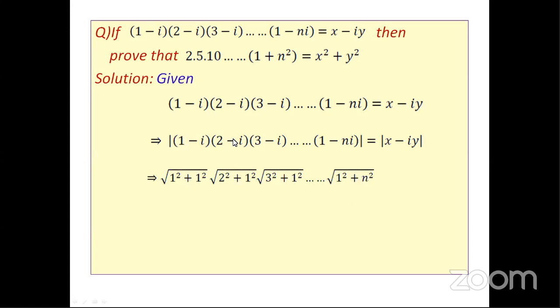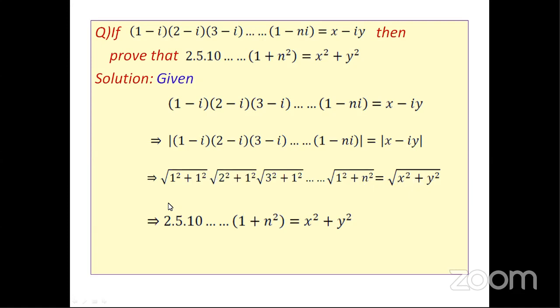That means modulus of each individual complex number is taken on your left hand side. And likewise, on your right hand side, modulus of x minus iy is root of x square plus y square. Now on simplification, you will have it as root 2, root 5, root 10, root of 1 plus n square, and x square plus y square under the root.